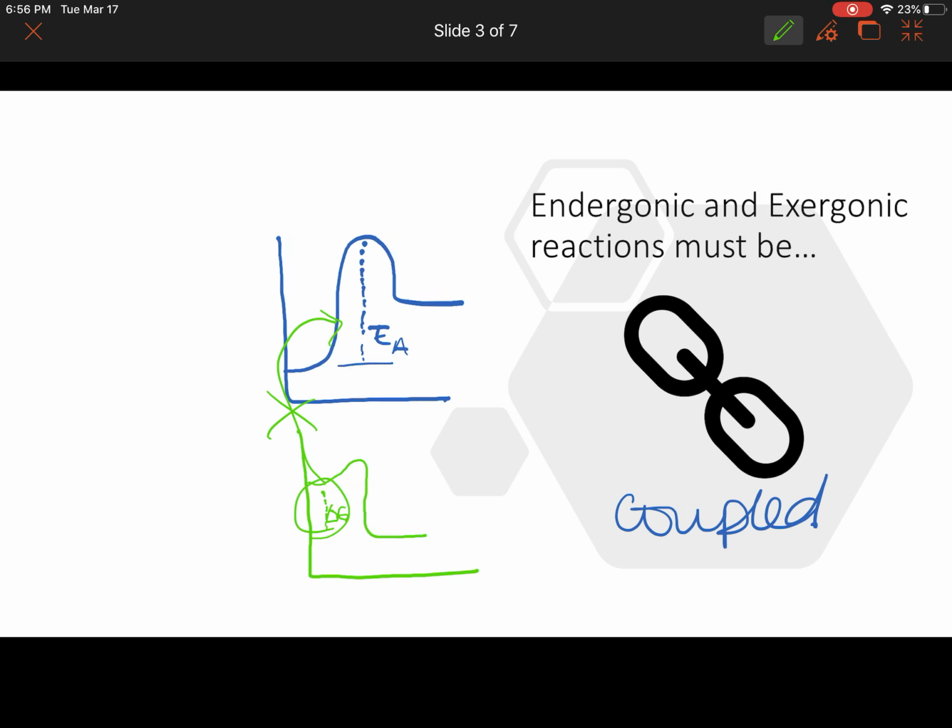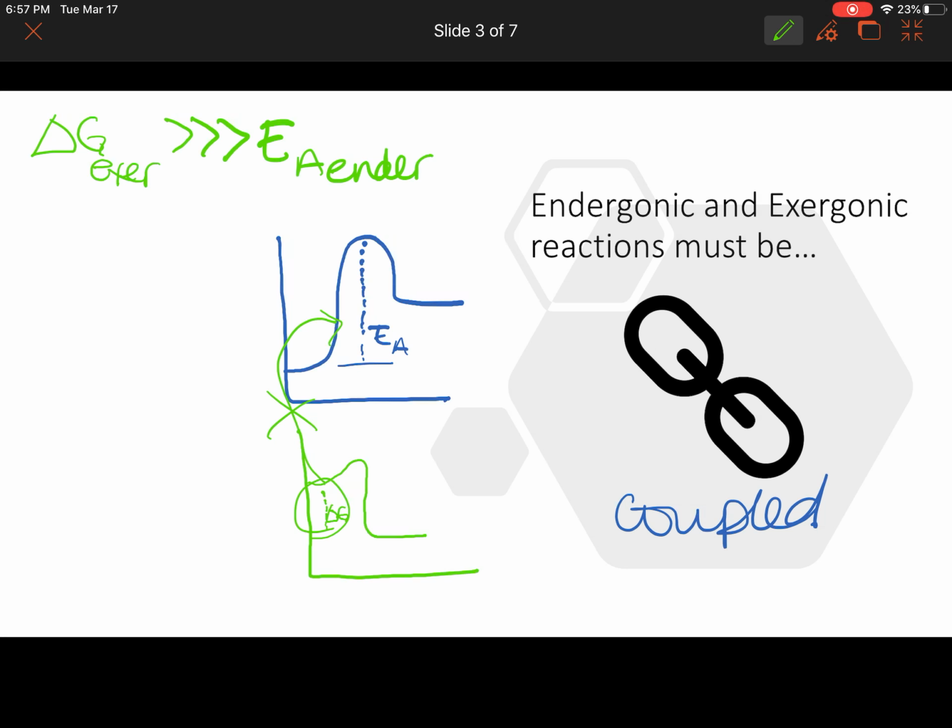So the delta G for the exergonic reaction has to be much greater than the activation energy required for the endergonic reaction.